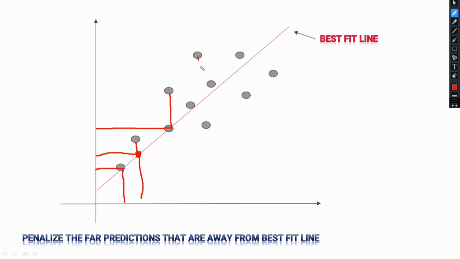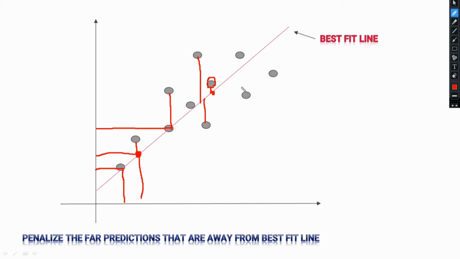In the same way, for this point the error is more. This point's error is slightly less compared to this point. The value for this point is very low, as the prediction is at this point. The actual value is at this x-axis and y-axis, but our model predicted this point at this line. So the error is so small for this point.